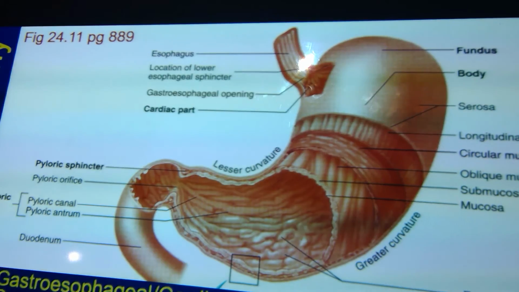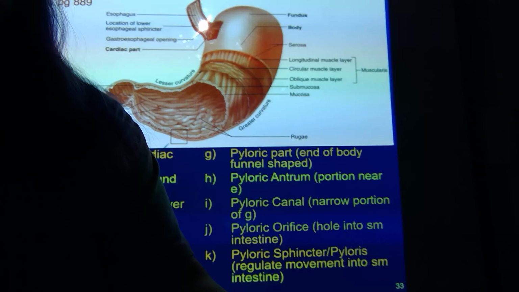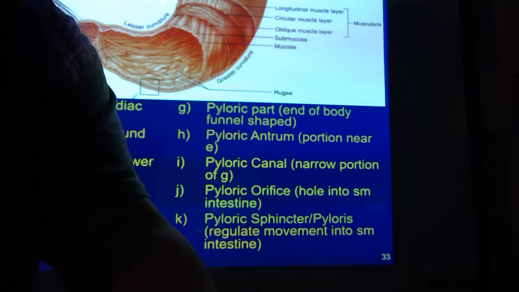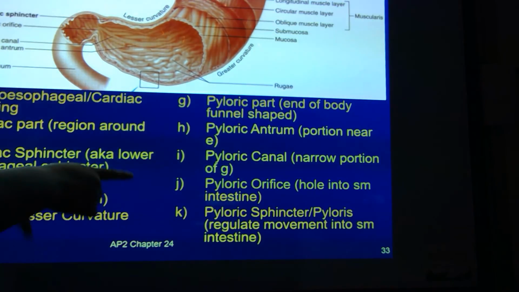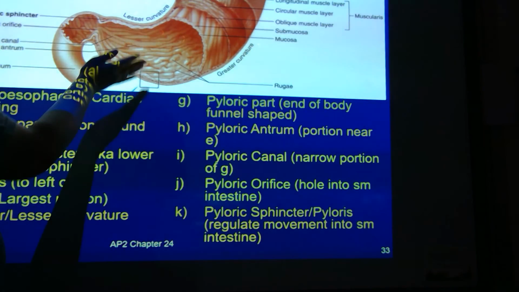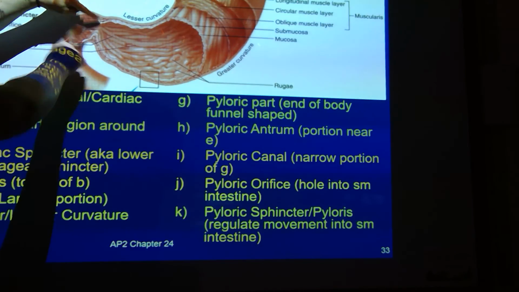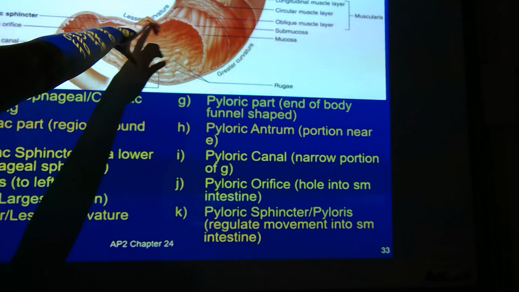Now, as you come to this end of the stomach, you'll notice that it starts looking like a funnel. It starts to funnel down here, okay? We call that the pyloric part of your stomach.